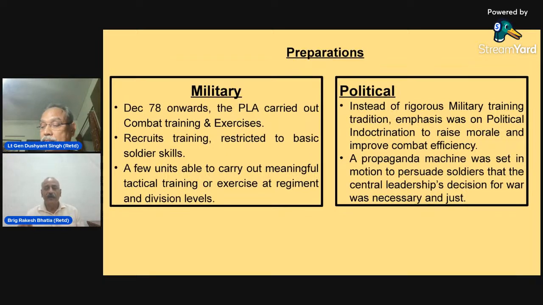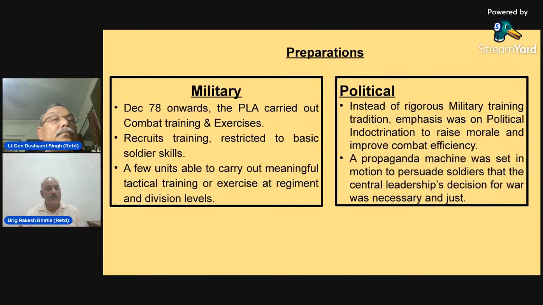However, some literature says that 60 to 70% of the time was spent on political training. Emphasis was on indoctrination to raise morale because Mao's dictum was men over weapon. He thought that manpower was more important, weapon was not important. So they spent 60 to 70% of the available time on political training, and propaganda was used.